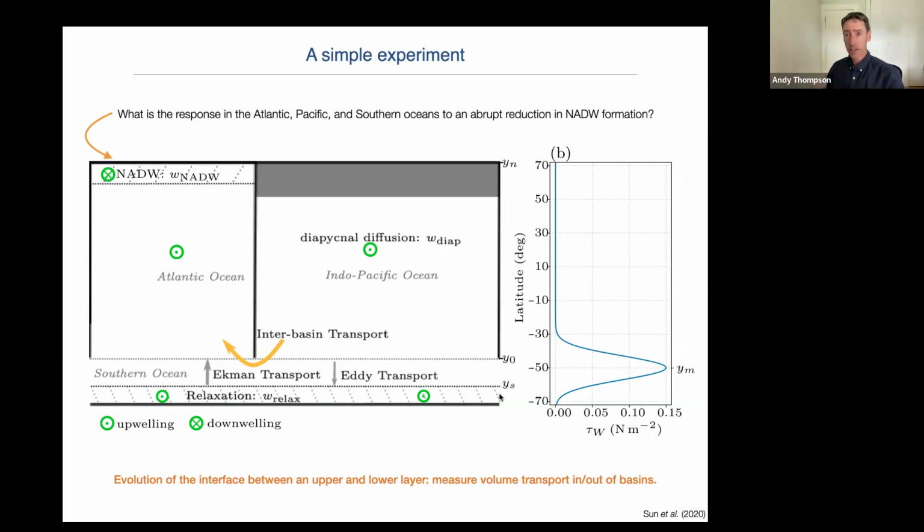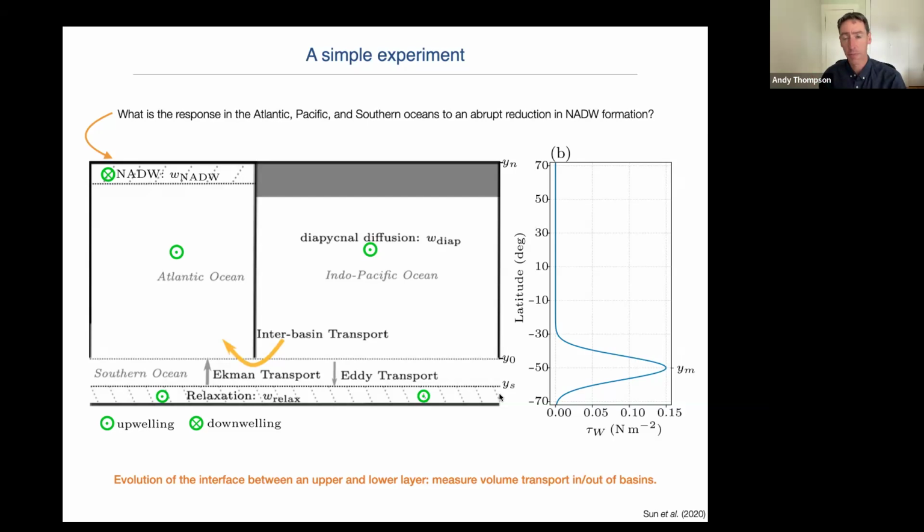So what this model is actually evolving is just an interface between what we'll call an upper layer and a lower layer. And importantly, we can also measure the volume transport in and out of the basins. On the right-hand side here, you can see a distribution of the surface wind stress that's applied to the Southern Ocean that mimics that upwelling.